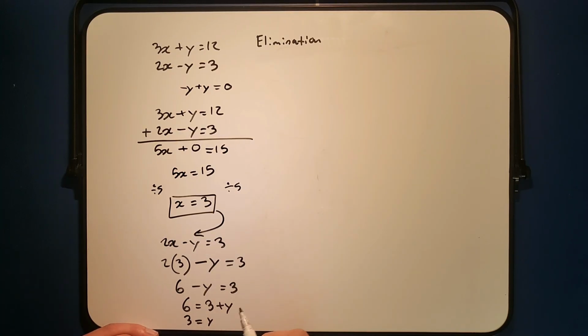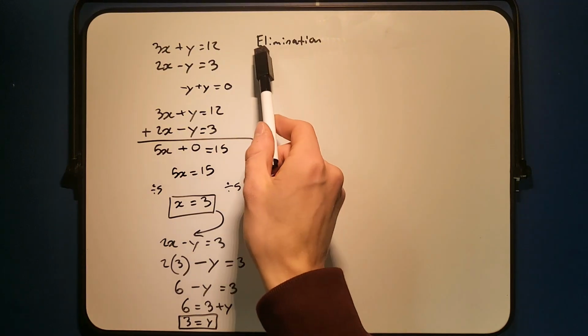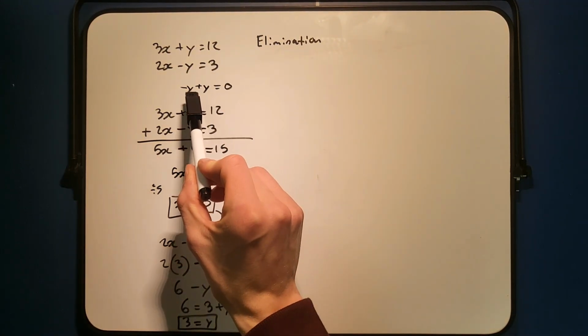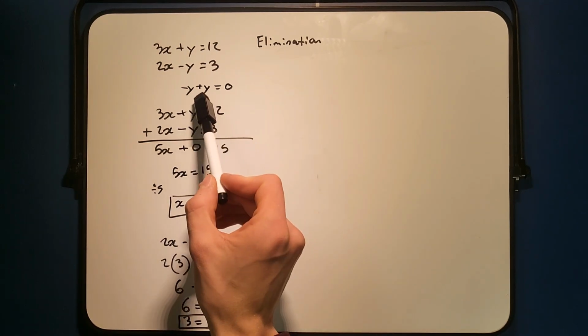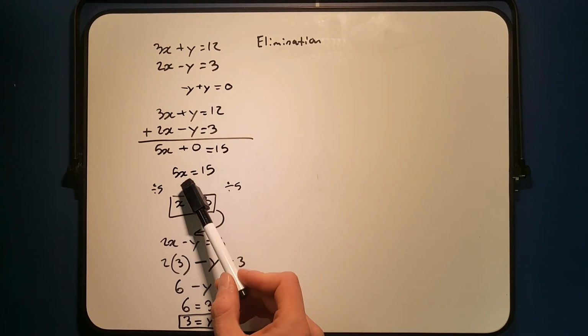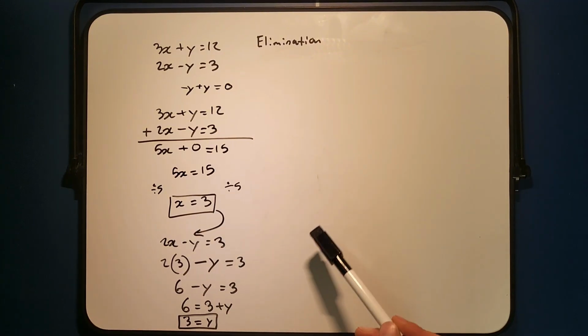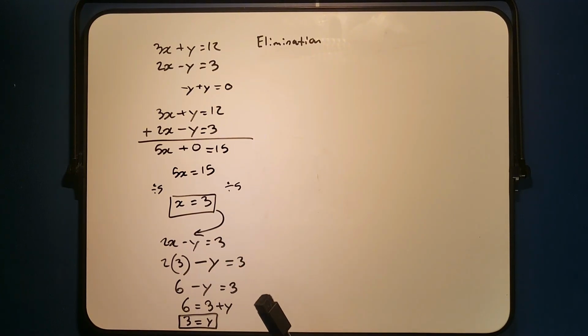So y equals 3. This is the process of using elimination to solve a simultaneous equation by eliminating or canceling out one variable to solve for one or the other variable and using that answer back into the original equation.